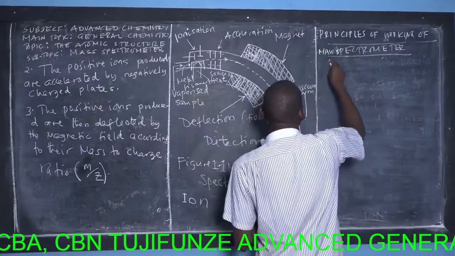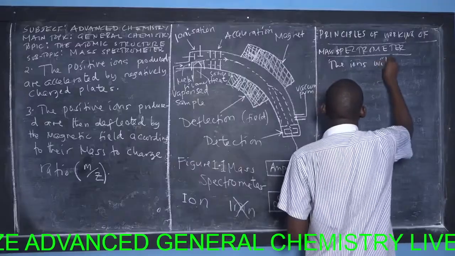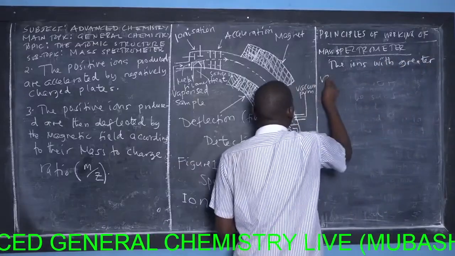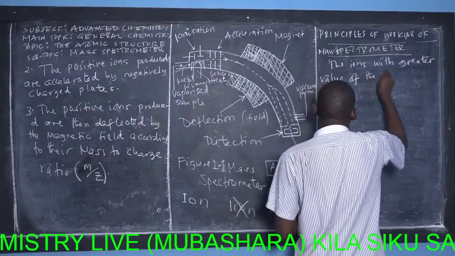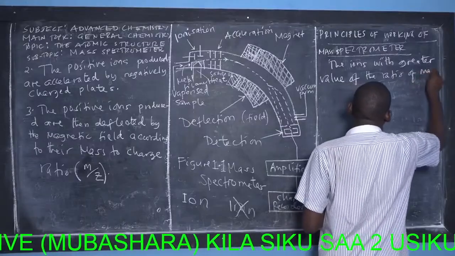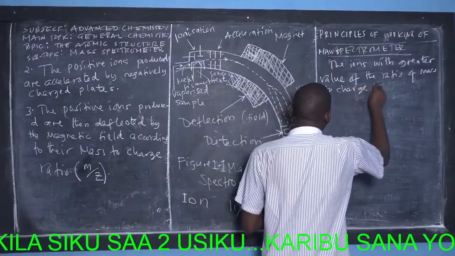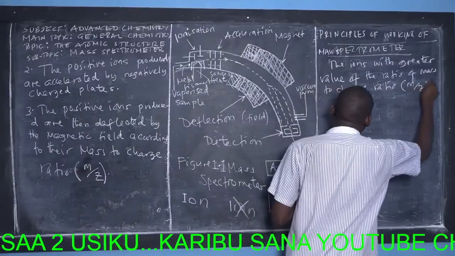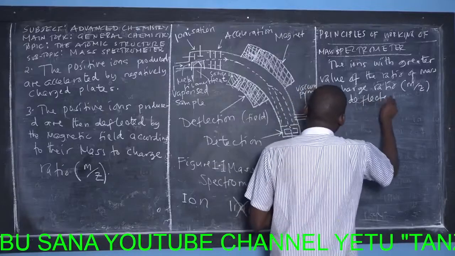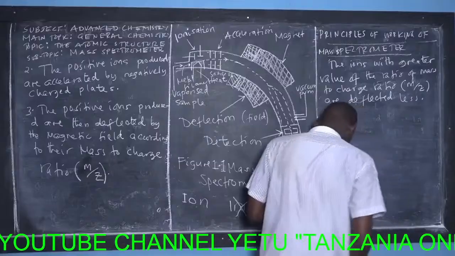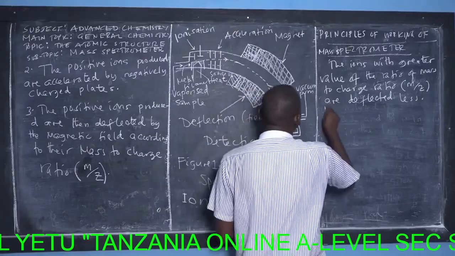So we say that the ions, say with me, the ions with greater value of the ratio of mass to charge ratio, in brackets mass over charge, are deflected less, while ions with a smaller ratio are deflected more.